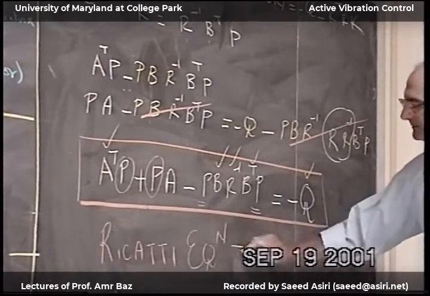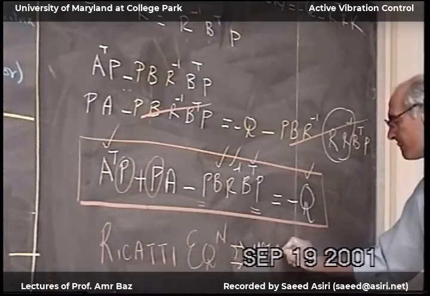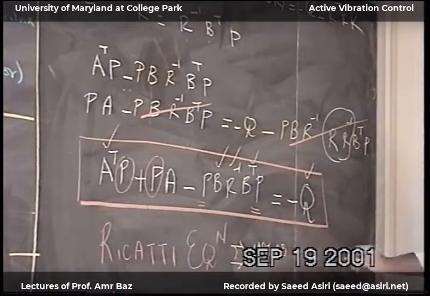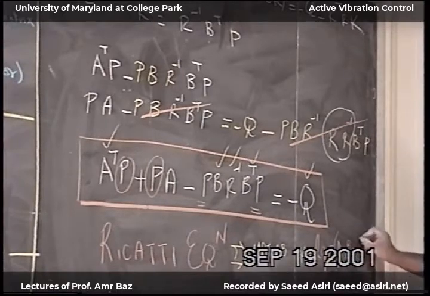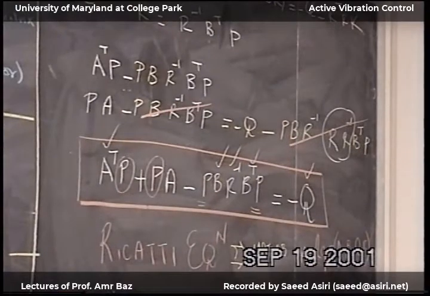We go in MATLAB and say now get me the gain K equal to this command. LQR, linear quadratic regulator, and then give it the A, the B, the Q, and the R. Okay?